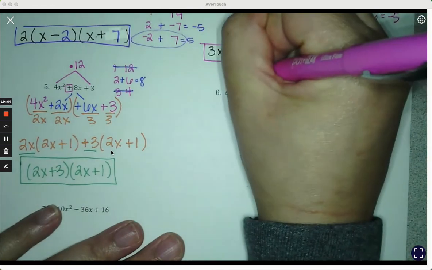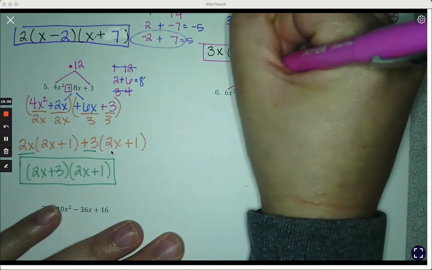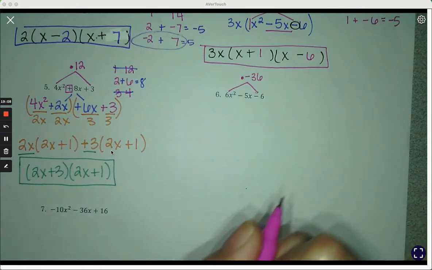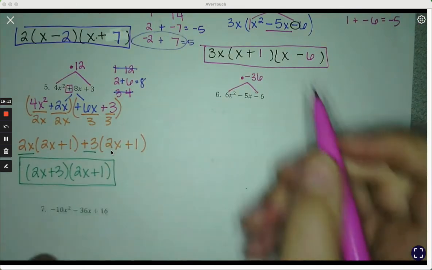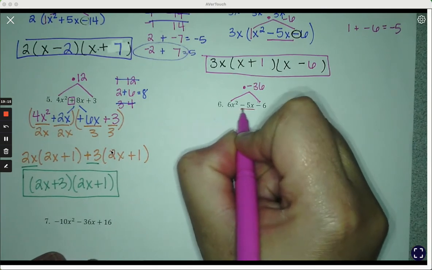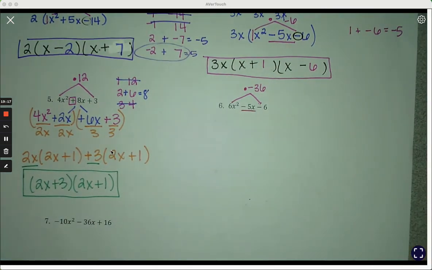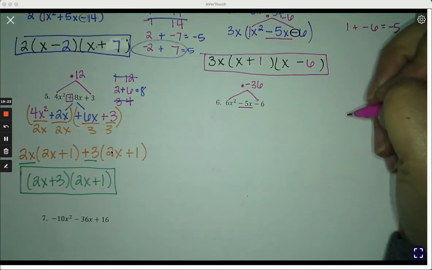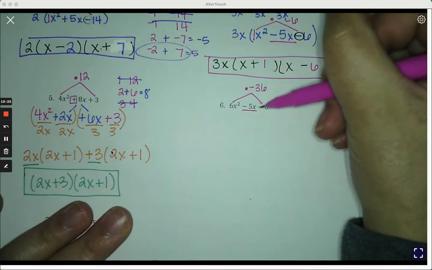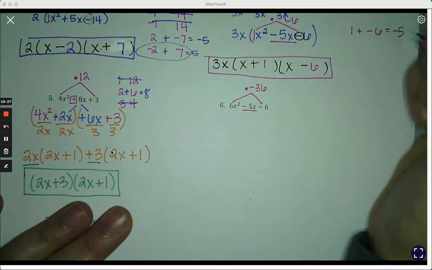So 6 times negative 6 is negative 36. Because this is negative, we're looking for a positive and a negative.